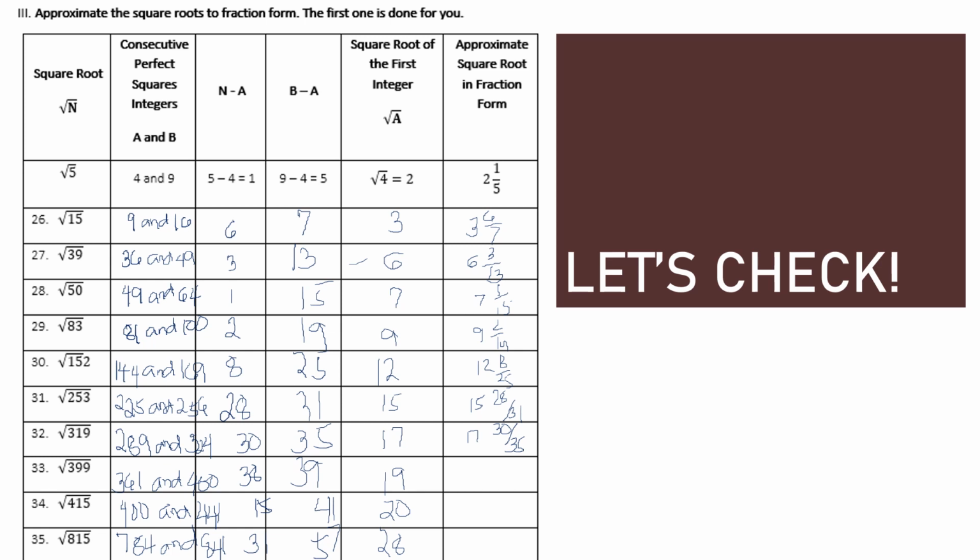Wait, let me check that. Yeah, so it's correct. So we can still simplify this: 17 and 6 over 7. Next, we have 19 and 38 over 39. Next, 20 and 15 over 41. And the last one is 28 and 31 over 57.